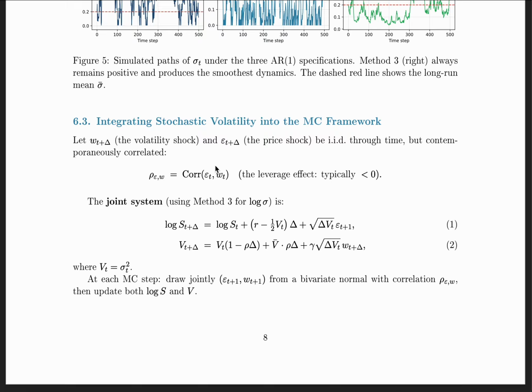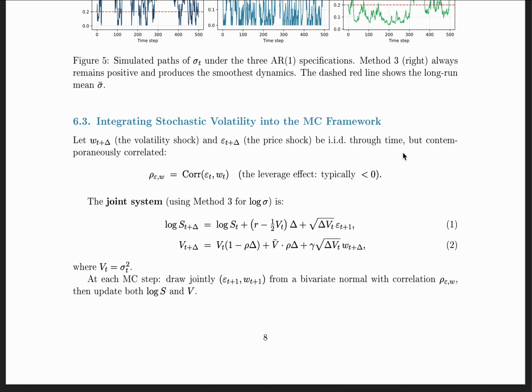The same applies to epsilon. However, at each moment in time, these two variables tend to be correlated. We symbolize that correlation with this rho, which represents the correlation between the two random draws.